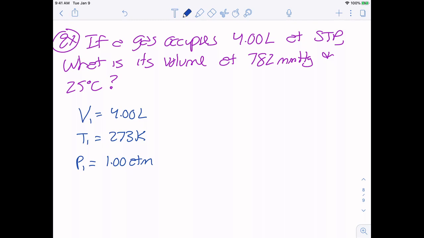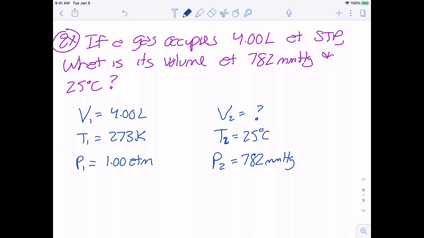And then I'm going to have a second set of conditions. I want to know what is my new volume. That's my unknown. And then that's going to be at 25 degrees Celsius. Oop, that's a 2 because they go together. And then 782 millimeters of mercury. So before we come up with the equation, our units do need to match.